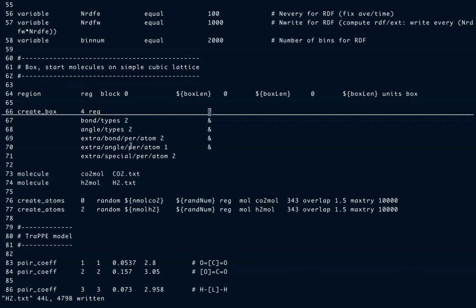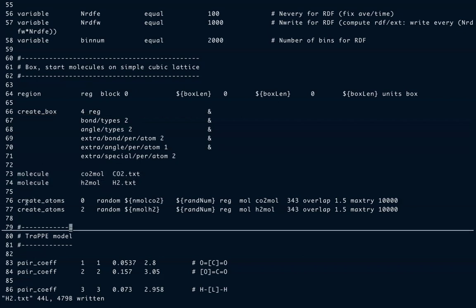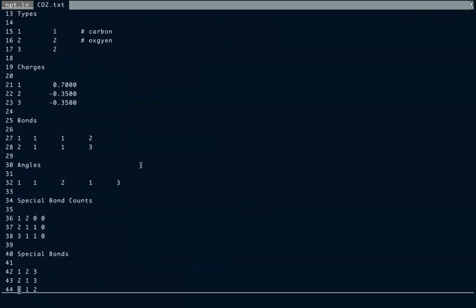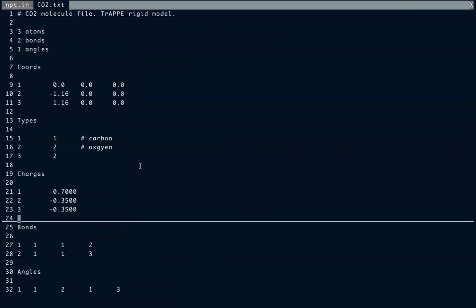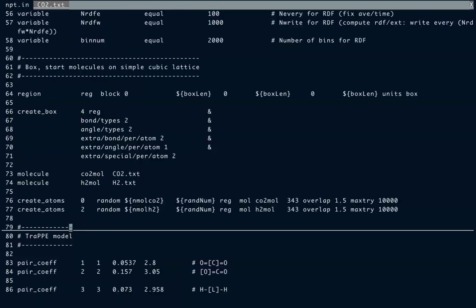Now, to create these atoms, we explicitly tell LAMMPS to create atoms, and the first number that you put here is the addition that is added to the types of elements in CO2.txt. So let me explicitly explain what I'm trying to say.